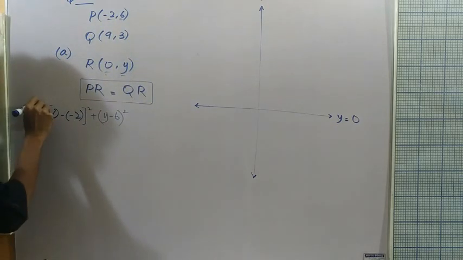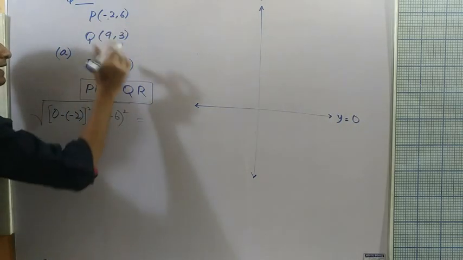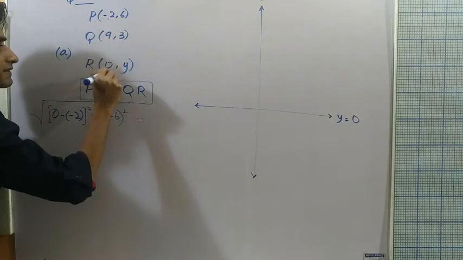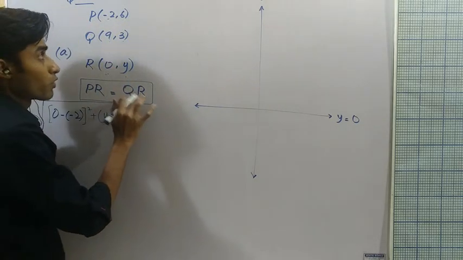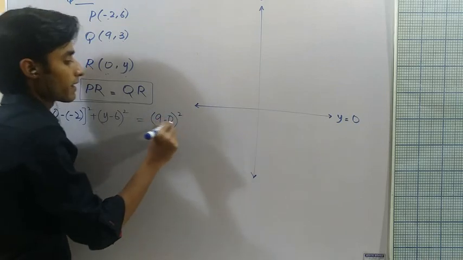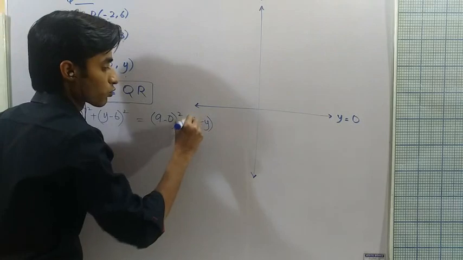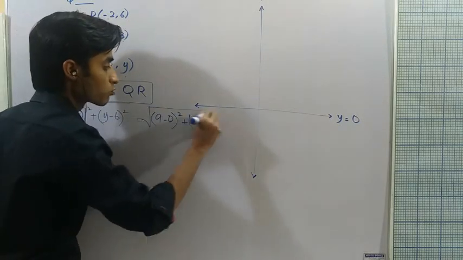This is PR. I know PR is equal to QR. Now when it comes to QR, let me take this as x2 y2, this is x1 y1 in case of QR. So x2 minus x1 is 9 minus 0 squared plus y2 minus y1 is 3 minus y squared, and they both are inside the square root.